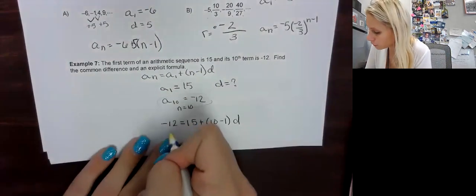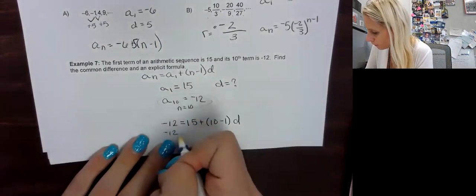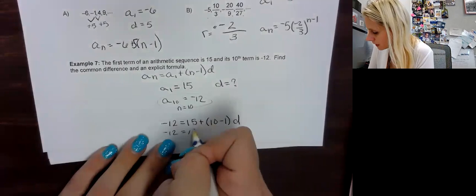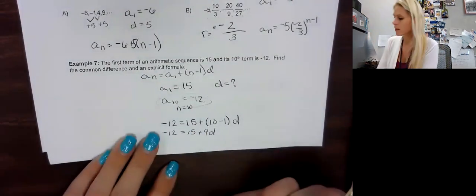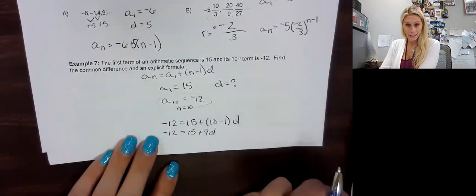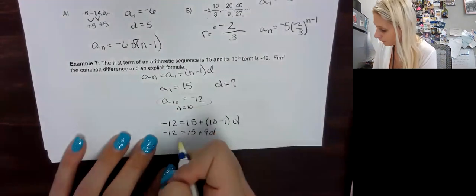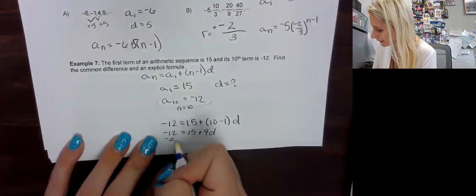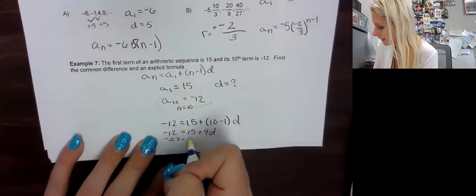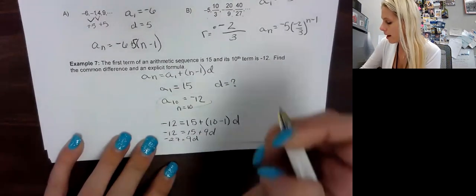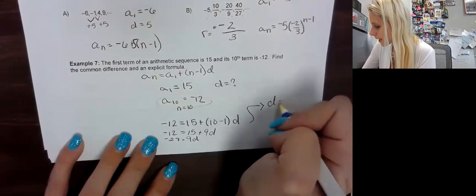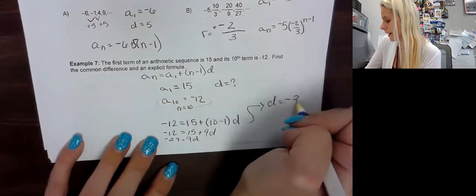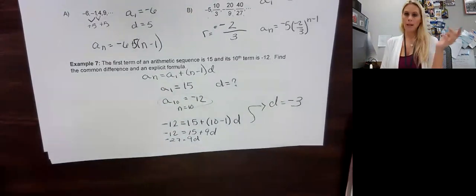So then we have to do some algebra. So negative 12 equals 15 plus 9d. Subtract 15 from both sides, we get negative 27 equals 9d. So our common difference is negative 3. Okay.